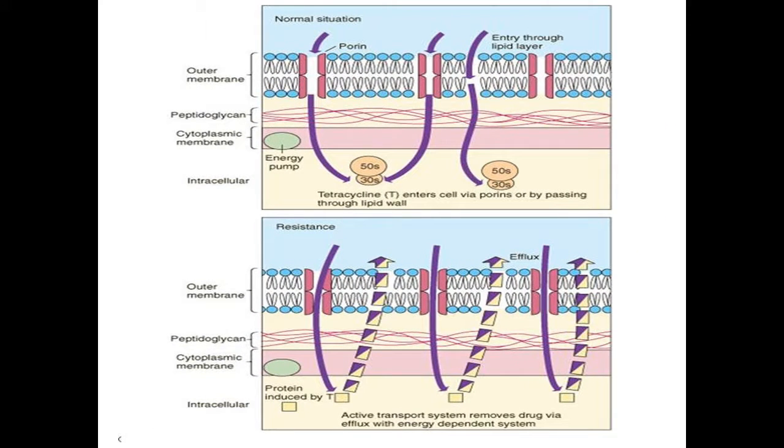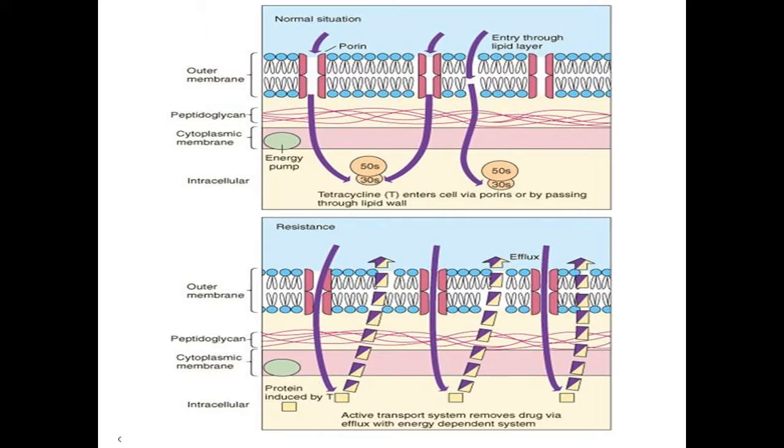Three mechanisms of resistance to the tetracyclines are important. The first one is impaired influx or increased efflux by an active transport protein pump. The second one is ribosome protection due to the production of proteins that interfere with tetracycline binding to the ribosomes.